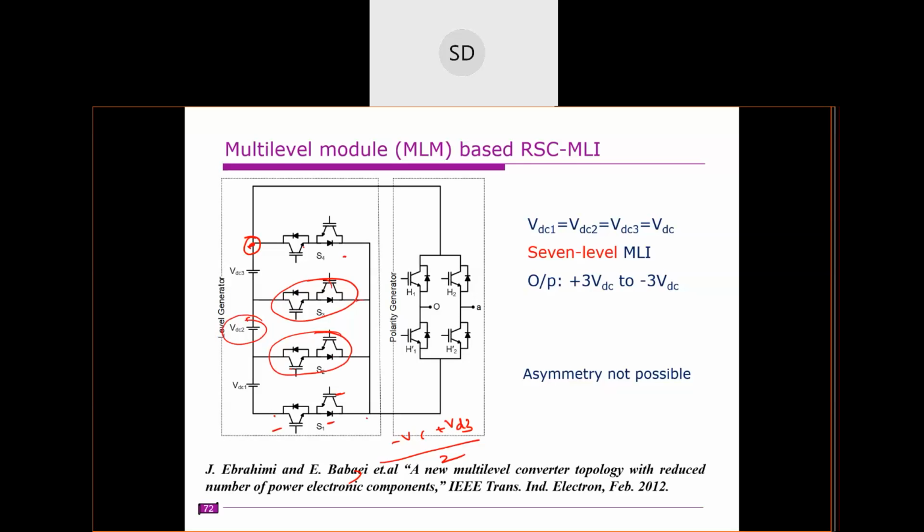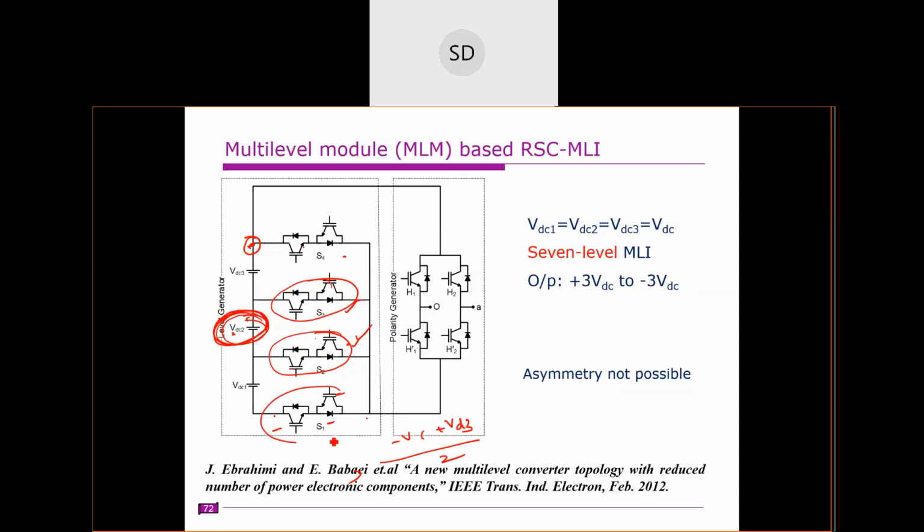This is a simple H bridge, what we discussed. So this point is clamped here. If this is conducting or this is conducting, this voltage is VDC. So that means this point is always VDC2. Its voltage is always VDC2.